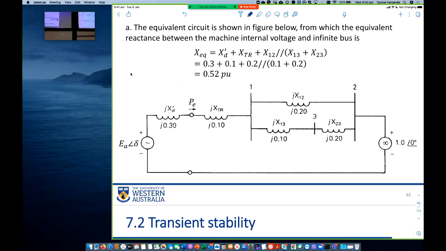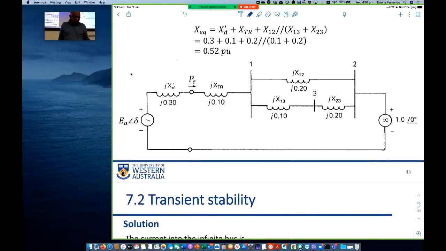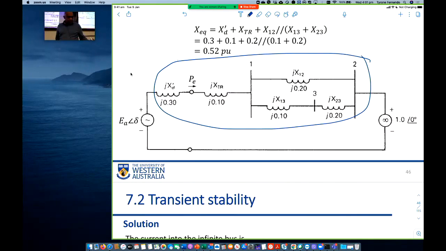The two lines connecting 1 and 2 we can simplify because they are in parallel, and everything else is connected in series. So all this can be one reactance value, because these two are in parallel and in series with that. One reactance value.